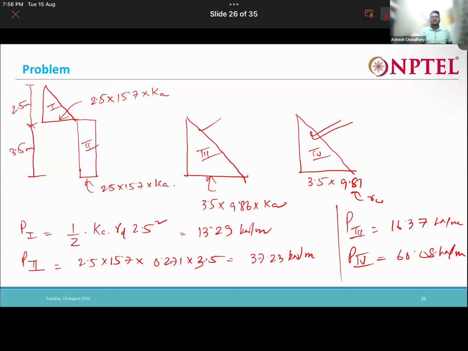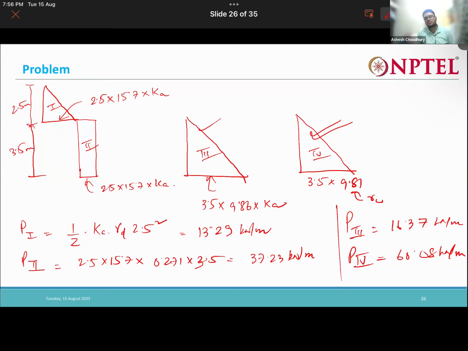So whenever we construct a retaining wall or any retaining structure, we need to give special attention to the drainage of water, because the thrust due to water is huge. You always need to give proper attention to drainage so that water does not get accumulated.